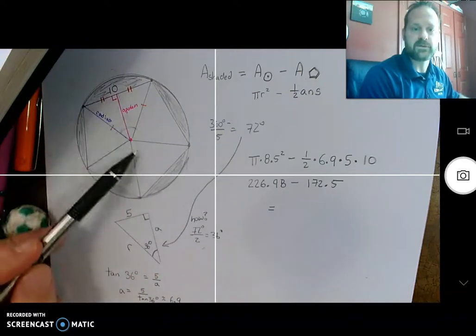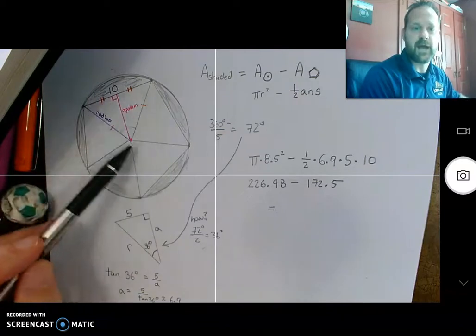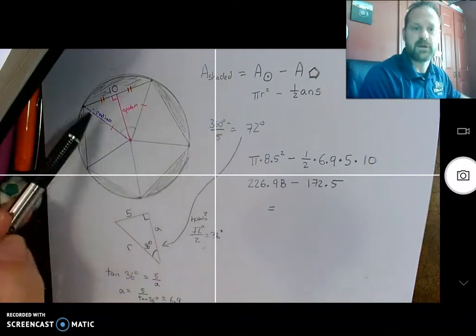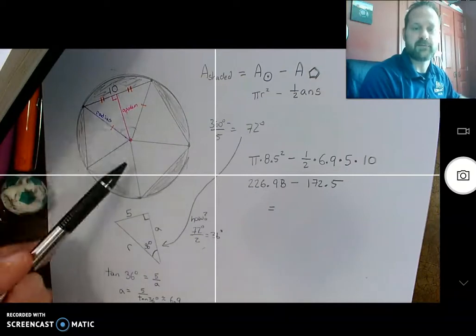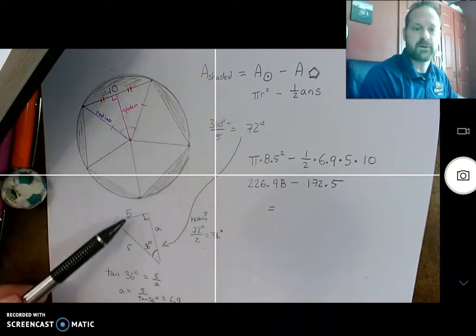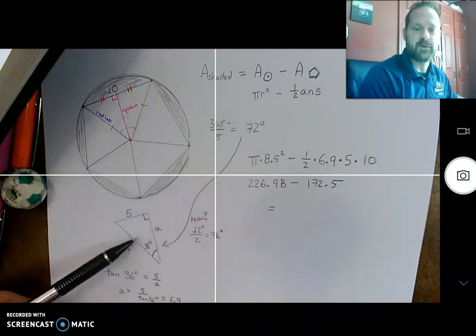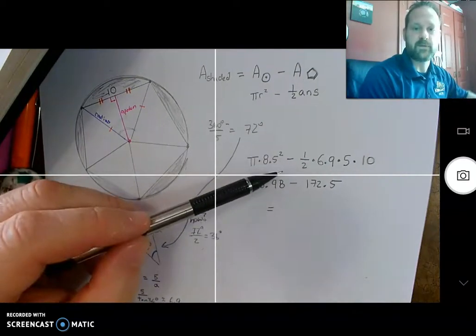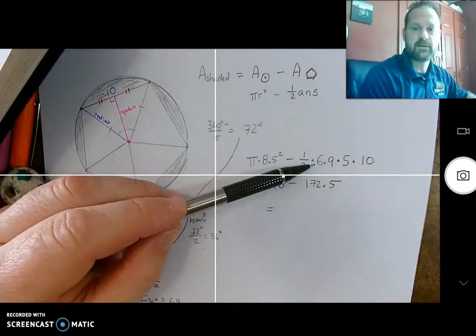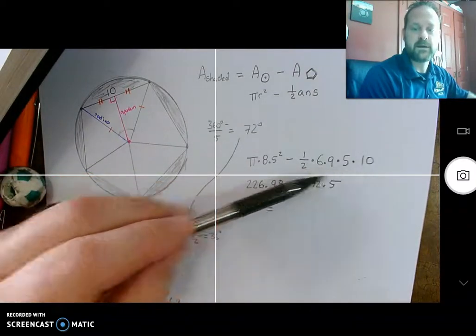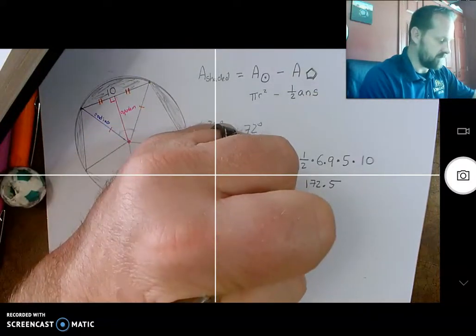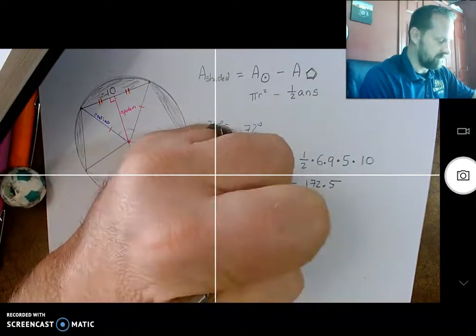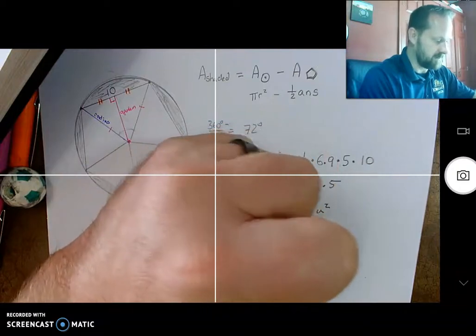So most of these you're going to take the half of the half, if you will. You're going to break each of these into quadrants and then take the half of the half. Very similar to the triangle we just did with the other one. Solve for the apothem, solve for the radius, and going back to this, 1/2 A N S, subtract the two, and I believe it is 54.5 according to my calculator, units squared.